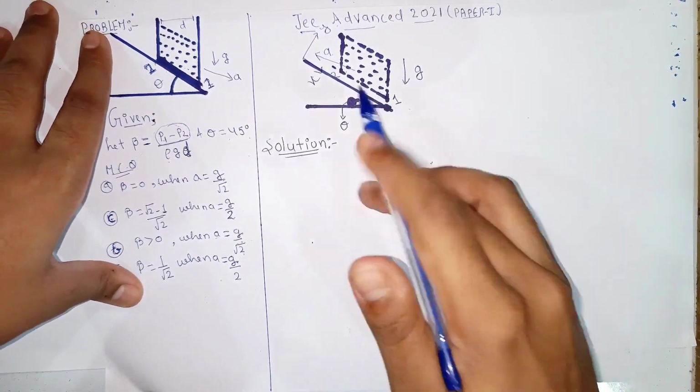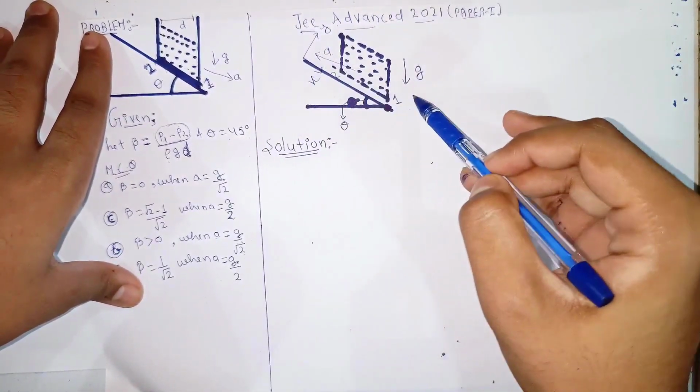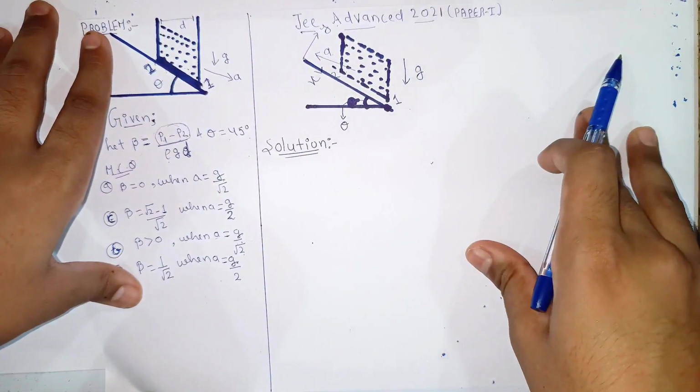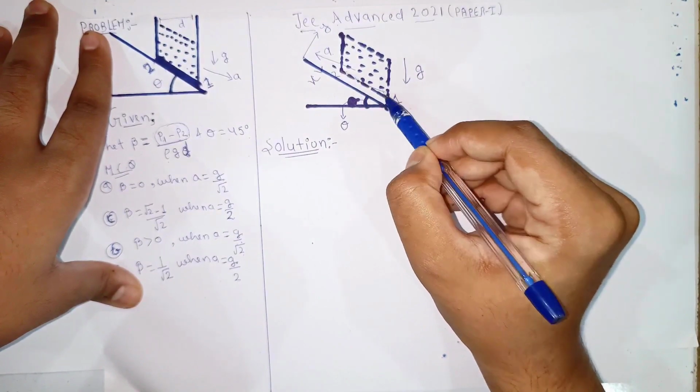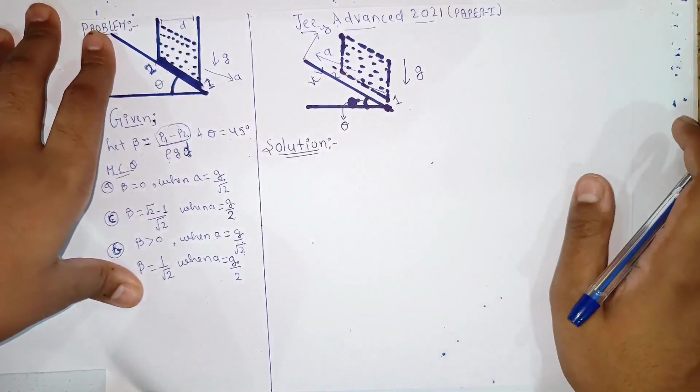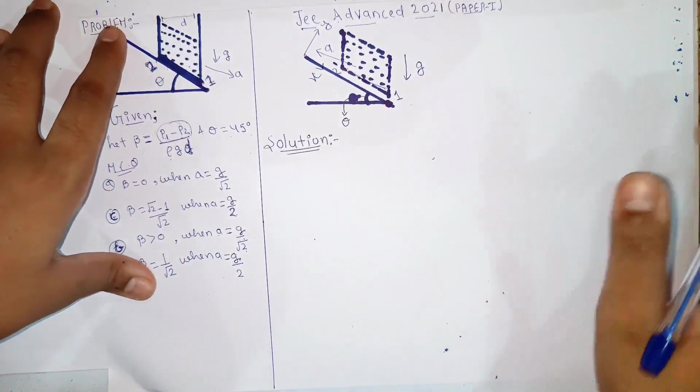the simplest method is to travel along this x-axis acceleration direction only, meaning along this line we have to travel, and the question will be done in 2 to 3 steps only.